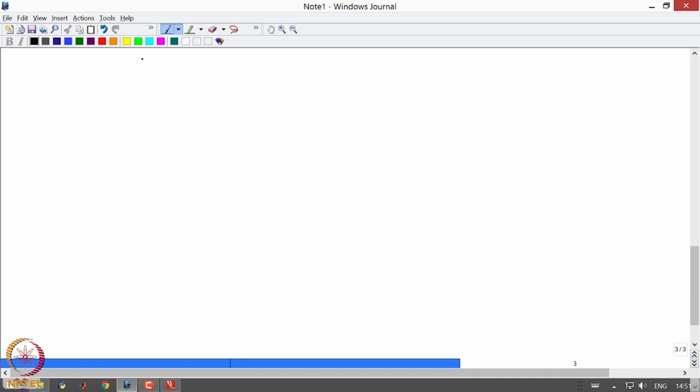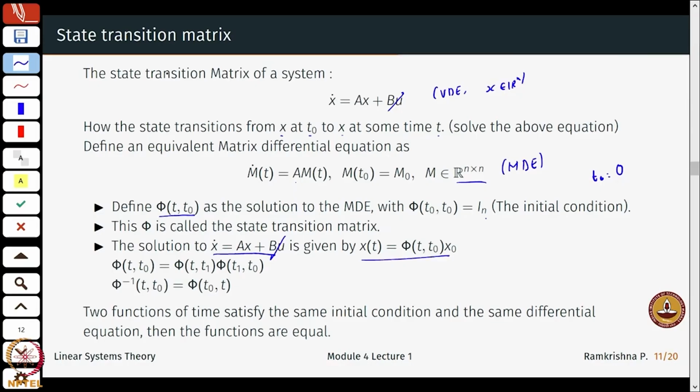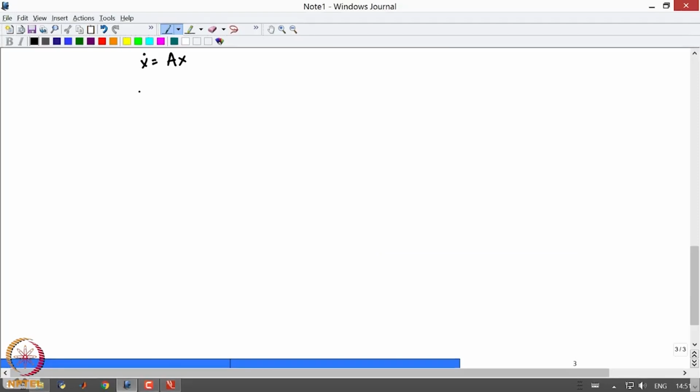So again, I start with x dot is A x, and what I claim is that the solution to x dot equal to A x is given by x of t equals phi of t comma t naught times x naught.